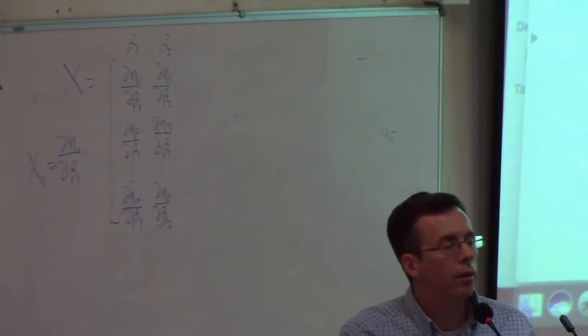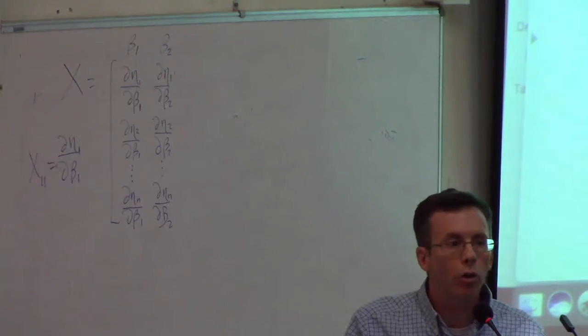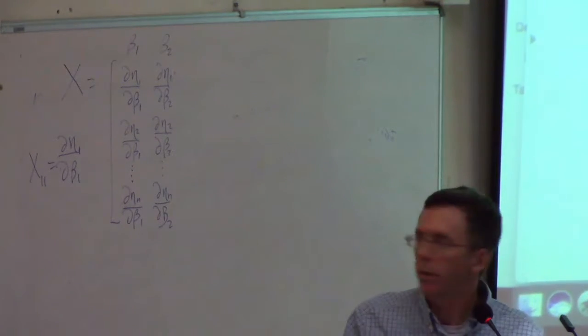Okay, so you have one column for each parameter, and you have one row for each data point. That's it.